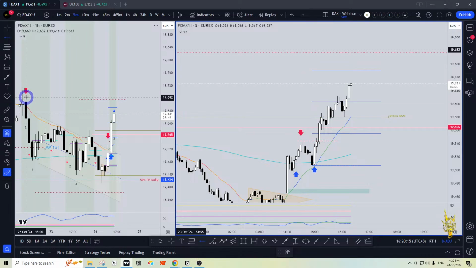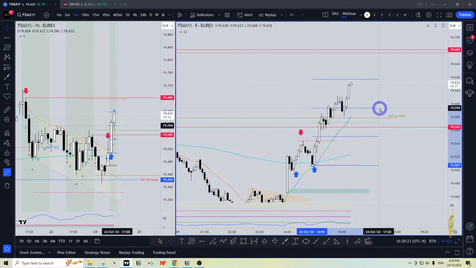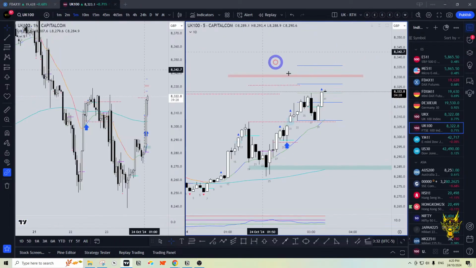So the bear stop on DAX is up there. If you bought this spike, 3 or 4 bull bars, there's your spikes, you're almost at your target. No, you're not, you've got 30 points, Tim. And that's maybe one for later in the session.